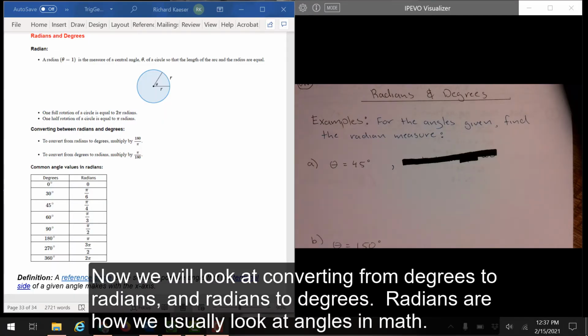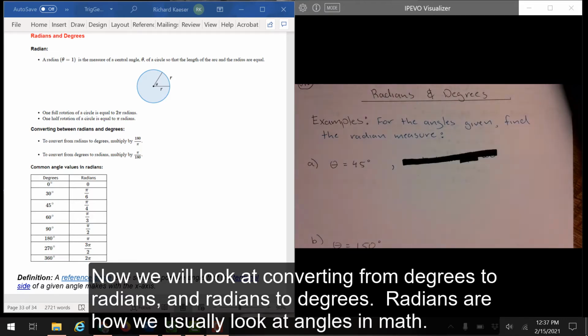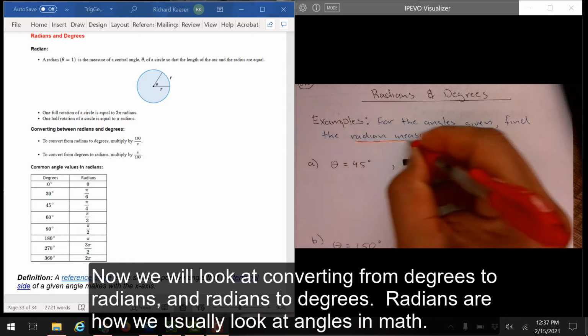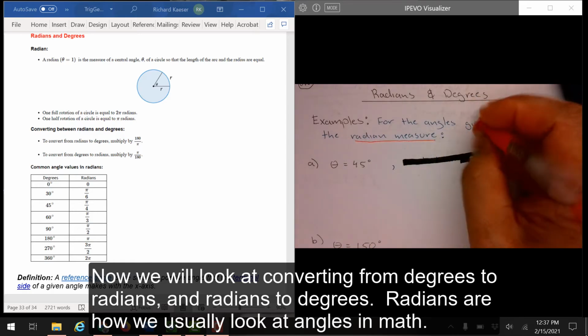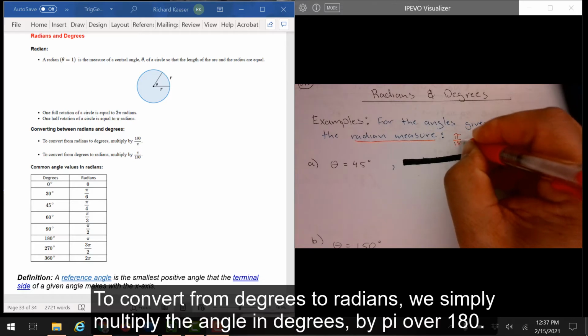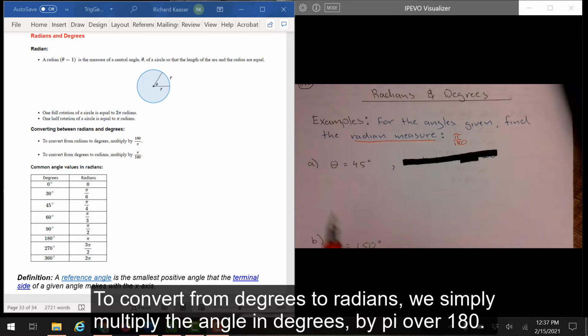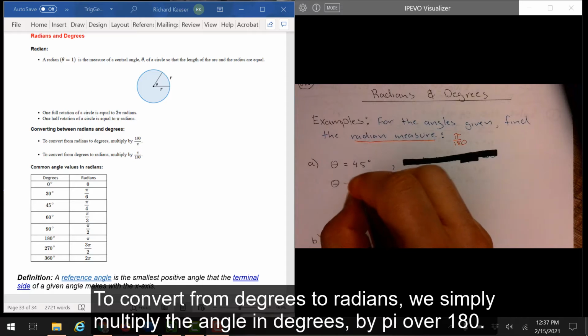Now, we will look at converting from degrees to radians, and radians to degrees. Radians are how we usually look at angles in math. To convert from degrees to radians, we simply multiply the angle in degrees by pi over 180.